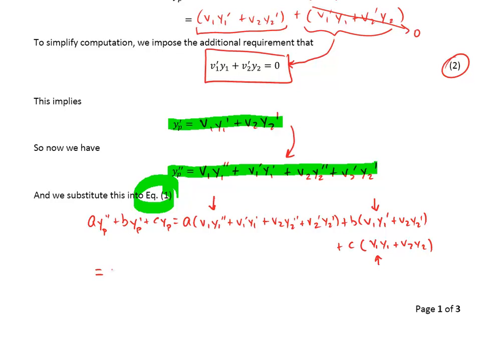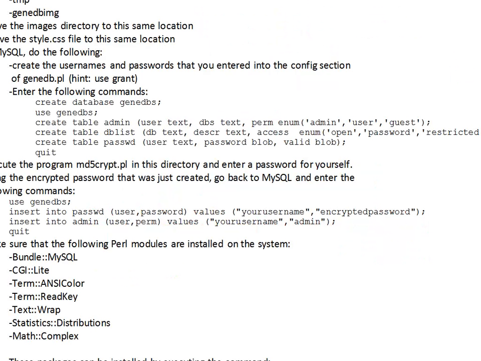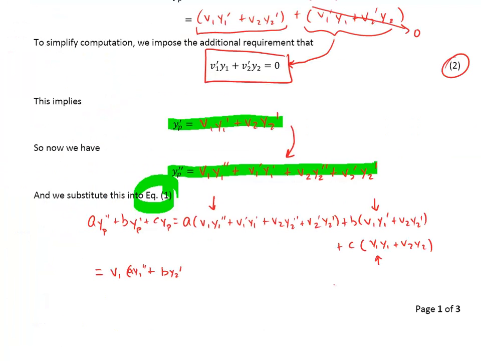And this looks like v1 times a y1 double prime, plus, from this arrow right there, I've got b y1 prime, and from this arrow down here, I pull out the v1 and I've got c y1.